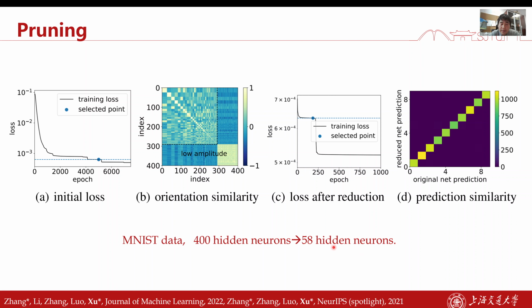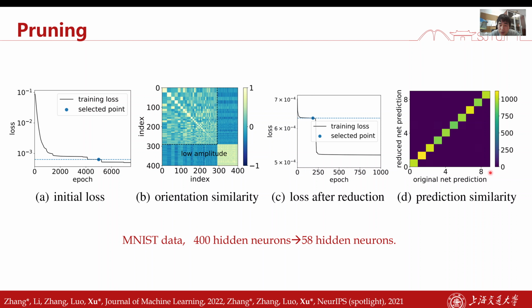Then after this pruning, we just simply sum their output weights together and replace them with one neuron. We can see that it quickly goes to another saddle point, and this loss value is exactly the same as the one we picked from the original large network. At this point, the network output is exactly the same between this reduced network and the original large network.